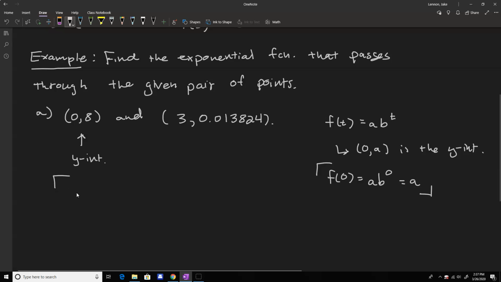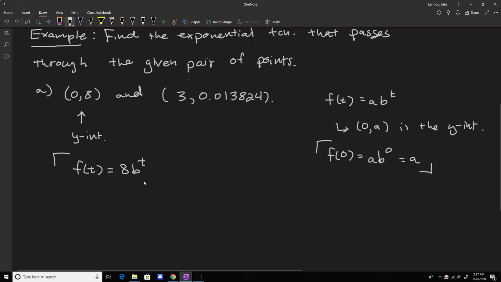So in this example, we can jump straight to the fact that our function has to look like f of t equals 8 times b to the t power. We're not going to have to take ratios this time. All we have to do is plug in the second point: 3 for t and 0.013824 for f of t.